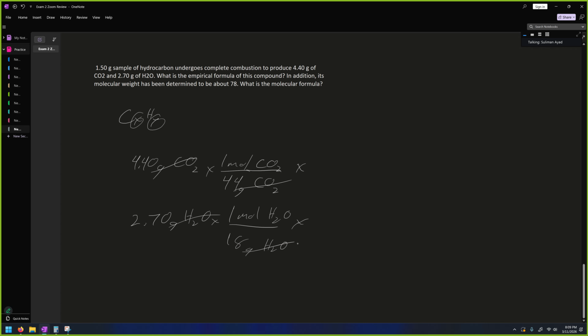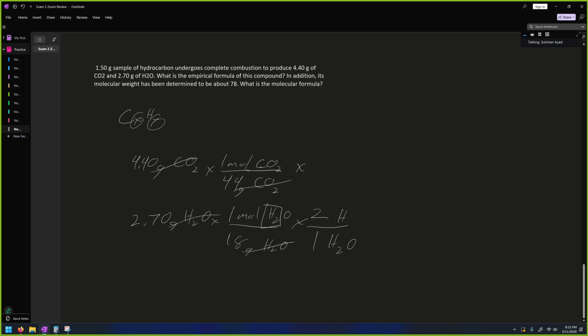Now I'm going to multiply these by something else to end up at X and Y. So X and Y are the numbers of those atoms contained within my starting material. So for every 1 mole of H2O, notice that there are 2 hydrogens there. And so I'll write a mole ratio where there are 2 hydrogens for every 1 H2O.